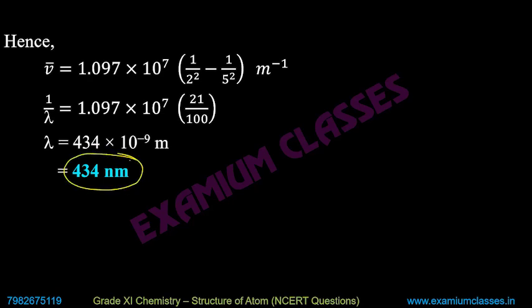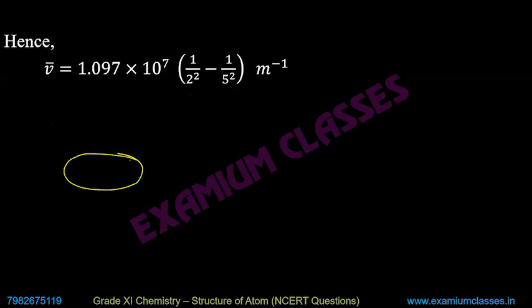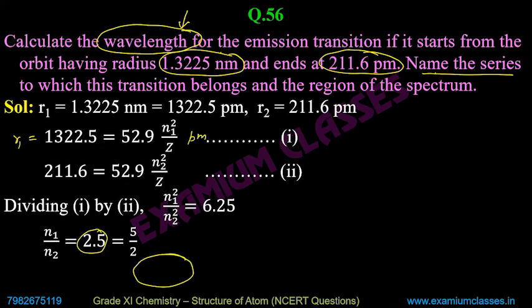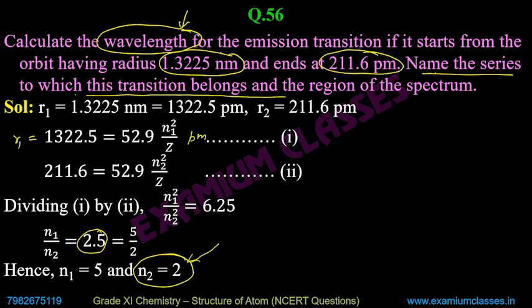Once we have N1 and N2, we can calculate the wavelength. Now the question had another part, the second part: name the series which this transition belongs to. The series is based on the lower bound, and the lower orbit is 2, so it will be Balmer.